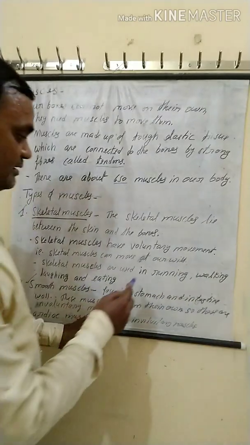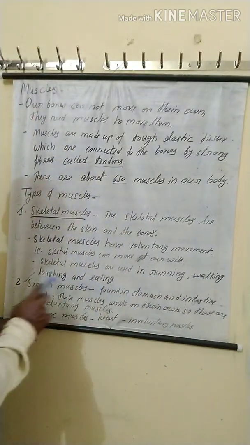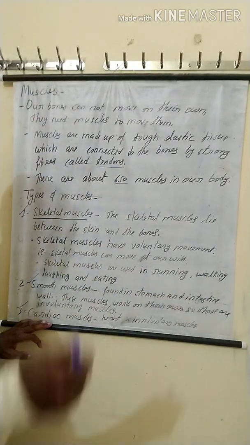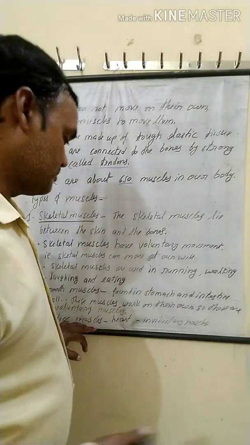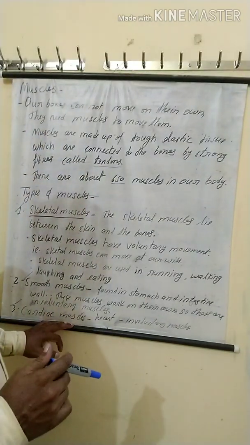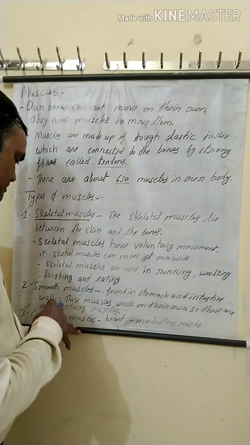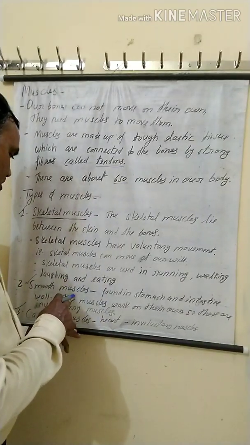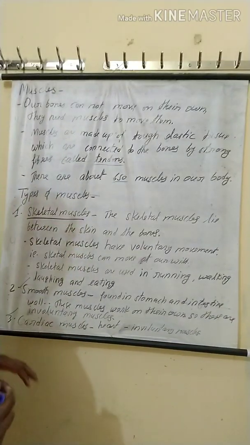Next are smooth muscles. Smooth muscles are found in the wall of the intestine and the wall of the stomach, and these muscles work on their own, so they are involuntary muscles. Involuntary muscles are smooth muscles, and voluntary muscles are skeletal muscles.